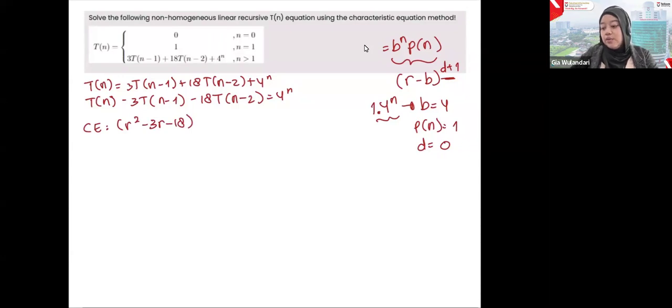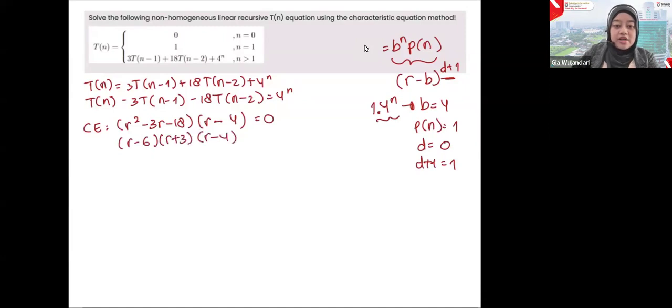From the right hand side, we have r minus b, which is 4, to the d plus 1, so it is to the power 1, and it is equal to 0. Or we can write it as r minus 6, r plus 3, r minus 4 equals 0.